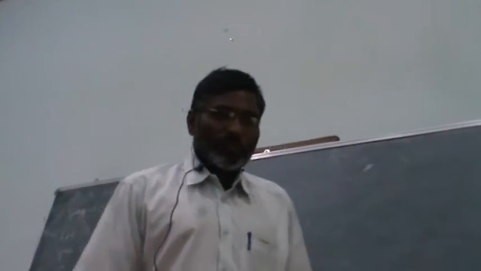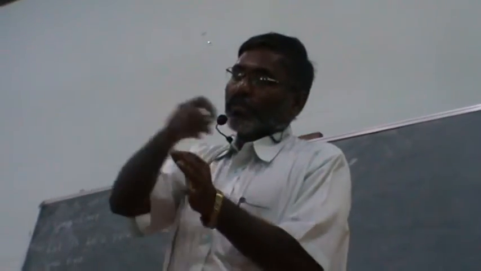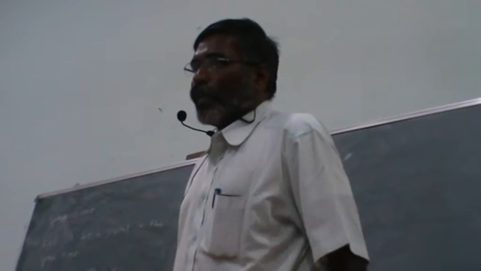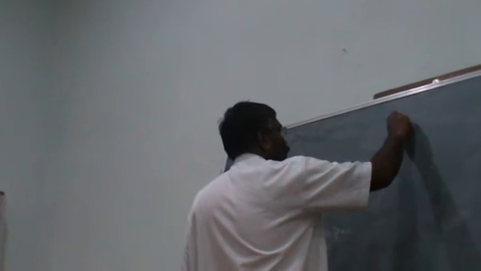Now, why this space is important is because you can define what is called a coordinate system. You have a point, and then you can have a coordinate system, having coordinates x1, x2, x3. Then you can define what is called a displacement vector. Okay? So that means if you have a point here.